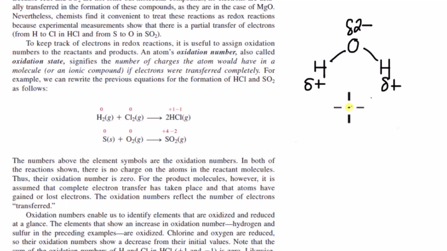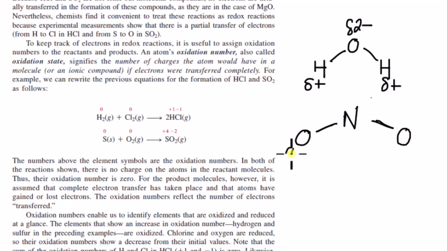So if a chemical compound has any degree of polarity whatsoever, H2O being known for its high degree of polarity, but we can even think about something like NO2, which has a shape closer to linear, but that's not really important for oxidation numbers.